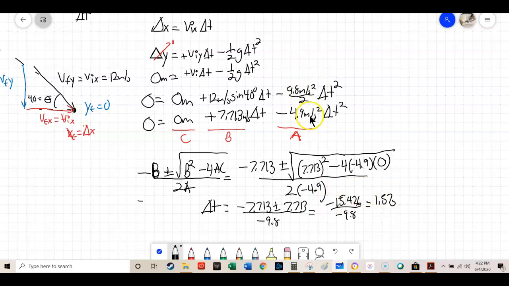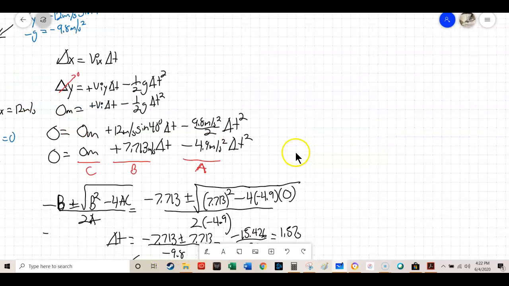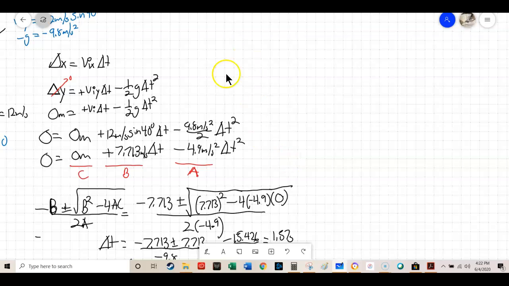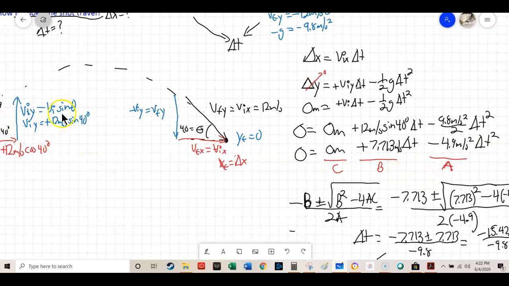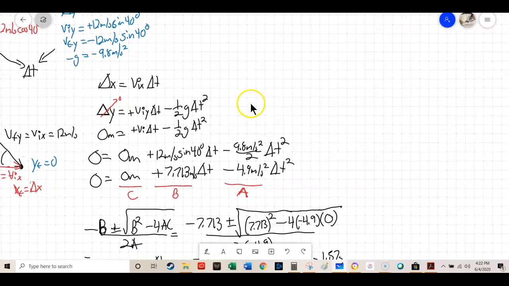All right, there was an easier way to do it, and I thought of it afterwards, and I'll show it to you just to confirm the time of flight, and then we can move on. It comes from being intelligent with our solutions. If our initial velocity upwards is positive 12 meters per second sine of 40 degrees, then our final velocity downwards, right before it hits the ground, is just the negative of that initial velocity, correct?